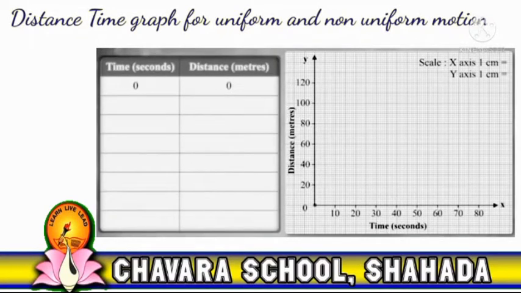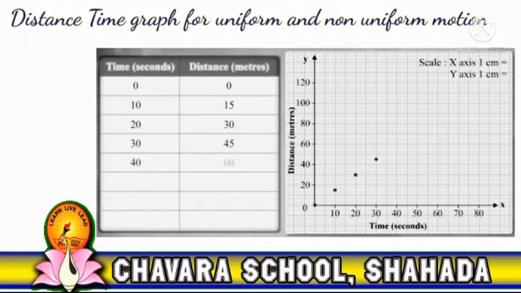Time in seconds, 10. Distance in meters, 15. Time in seconds, 20. Distance in meters, 30. Time in seconds, 30. Distance in meters, 45. Time in seconds, 40.